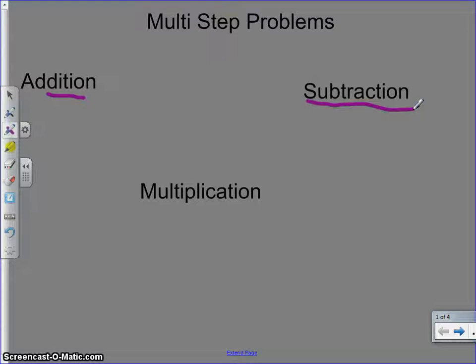The other thing we look at with subtraction is when we're comparing two numbers or two amounts. When we're comparing two amounts, we use subtraction to see how much bigger the larger amount is than the smaller amount. Okay, and that's important to understand with subtraction. And then again, multiplication. Okay, that's equal groups.